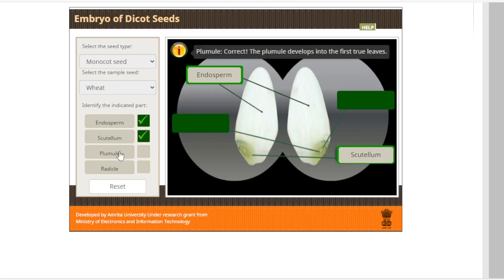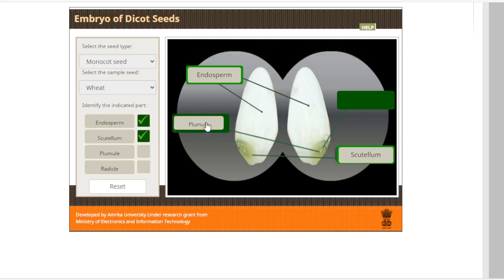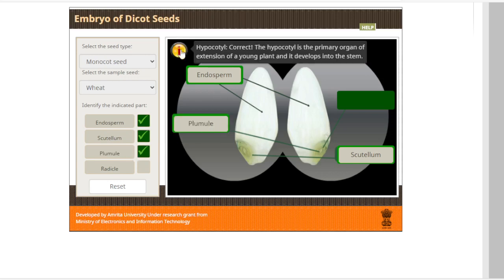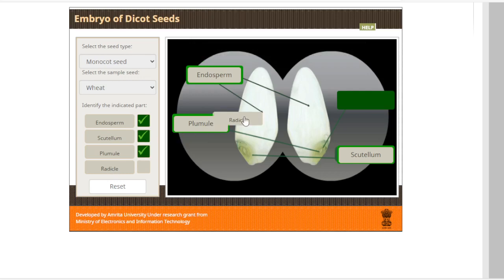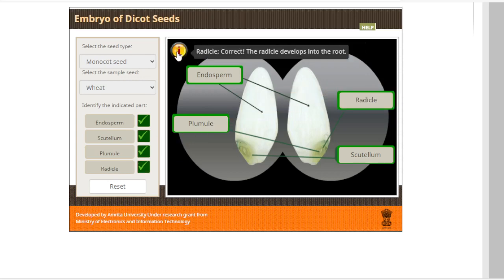So it is part of plumule, it seems. We don't have hypocotyl here. Radical. Radical will basically develop into the root.